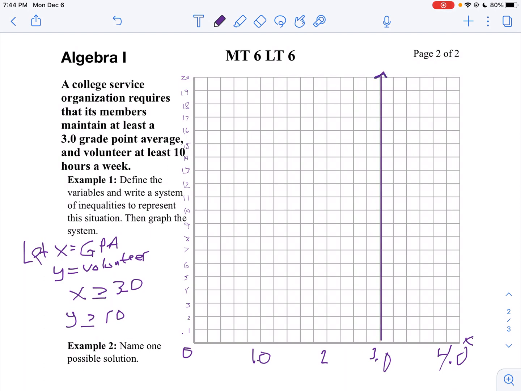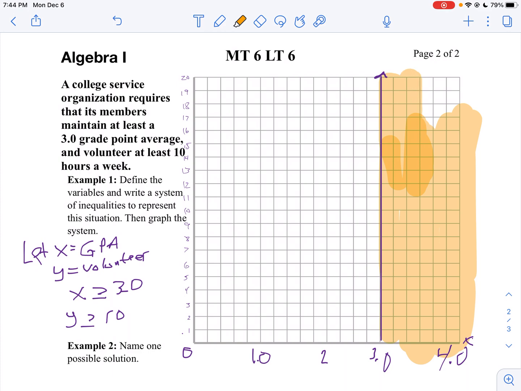Well, the side that would be greater would be the side on the right hand of that. So I'm going to shade in everything to the right of my grid here. And notice I can't color in the lines very well. I'm going to delete that part and then reshade that in.